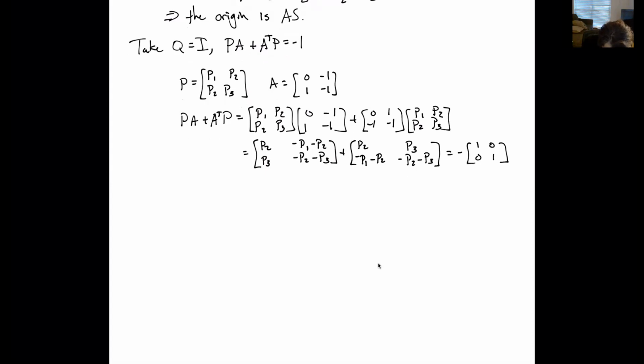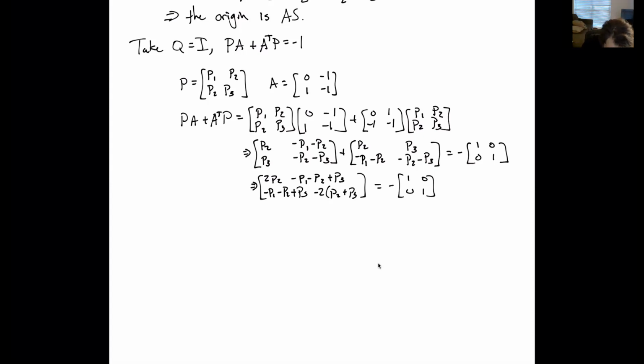So this will result in 2P2, minus P1 minus P2 plus P3, minus P1 minus P2 plus P3. And then this will be -2 times P2 plus P3. And now this will be equal again to the right-hand side. Make sure we draw these arrows here.